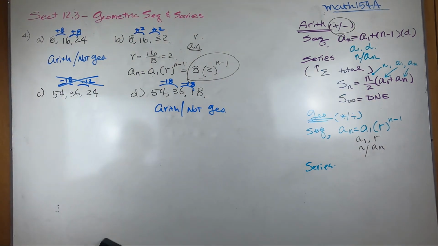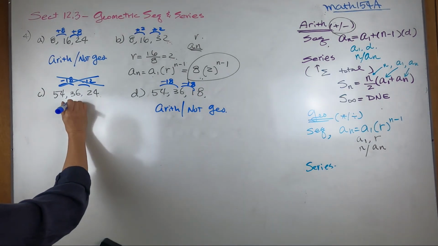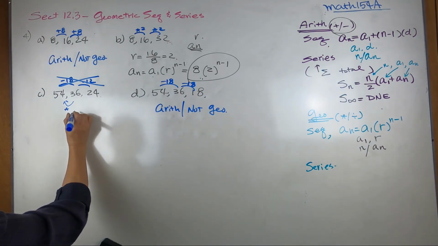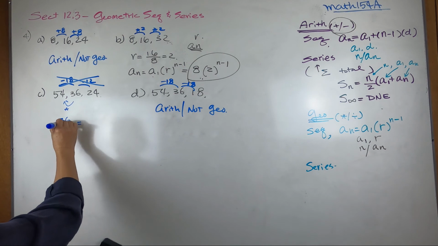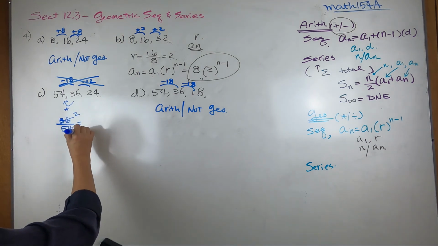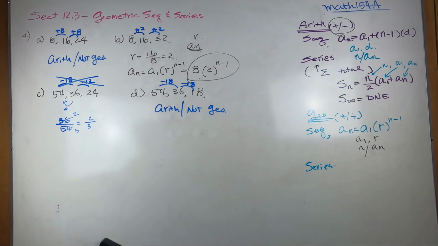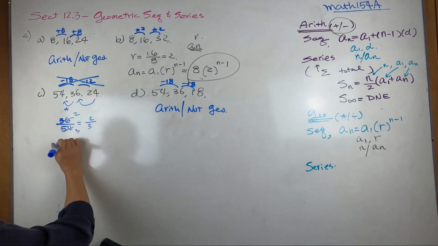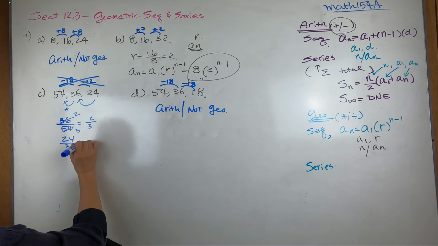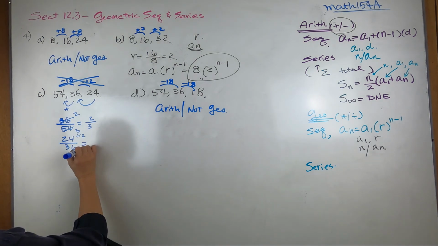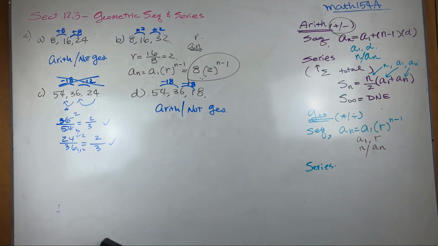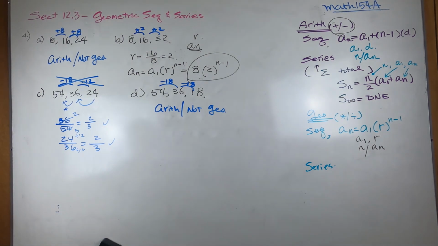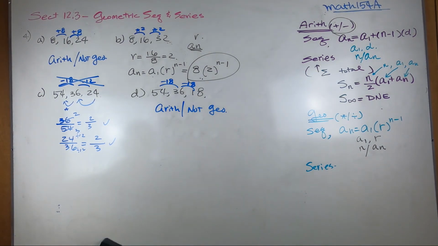Then this one, let's see if it's geo. So we try to figure out if it can be multiplied by something. So you go backwards to do the divide. Then divide, that would be 18 divided by 27, 2/3. That would work. Okay, if I do this one, 24 divided by 36, I can get 2/3 as well. Okay, so this one is a geometric sequence, right? So then let's find R and AN.